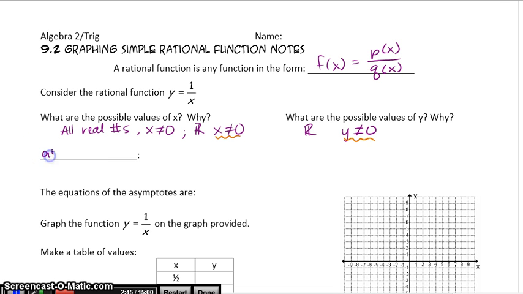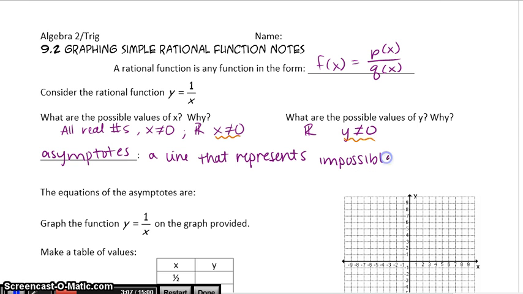Okay? And what we call these two restrictions here, x equals 0 and y equals 0, we call these asymptotes. Now, an asymptote is just a line that represents impossible numbers in a function.